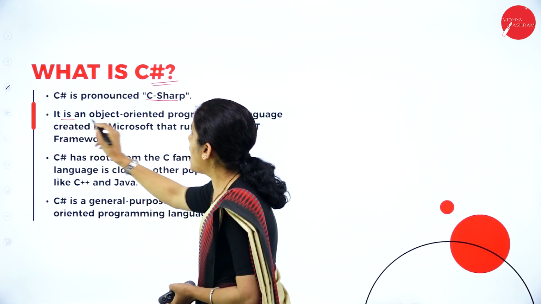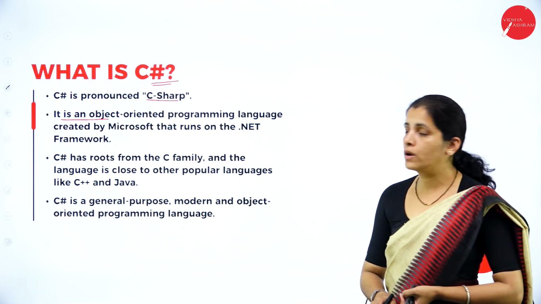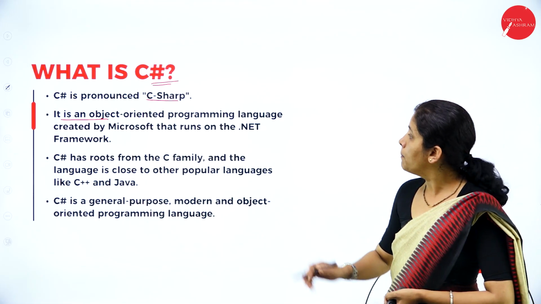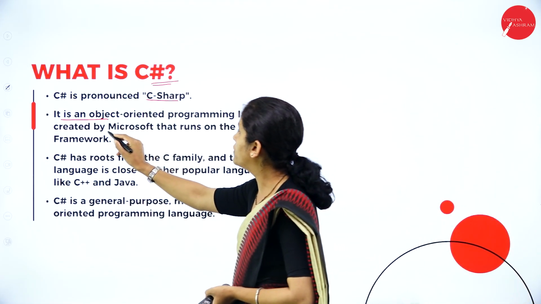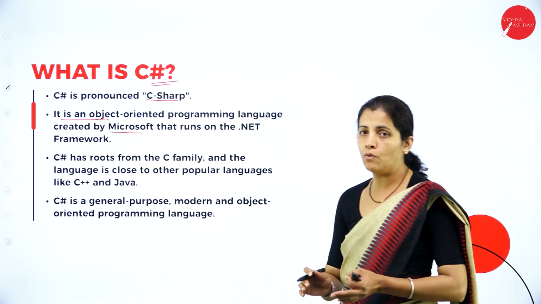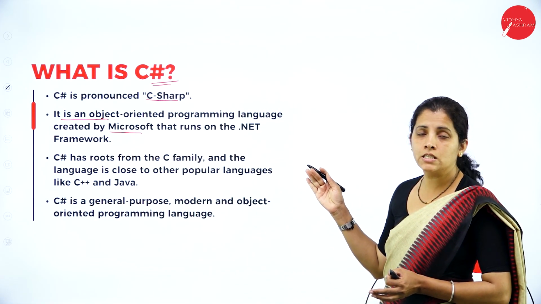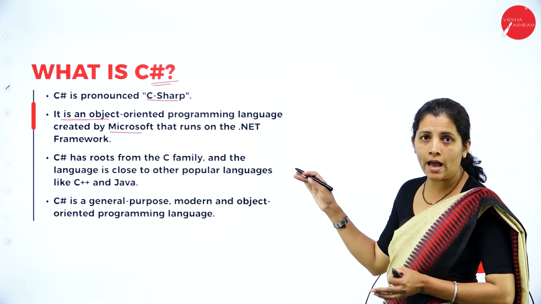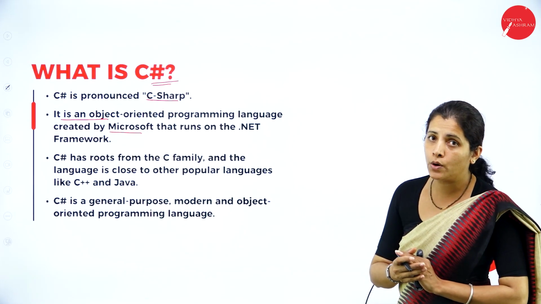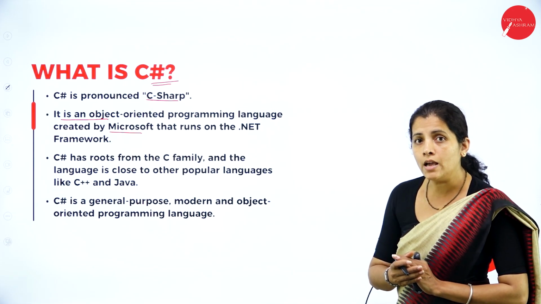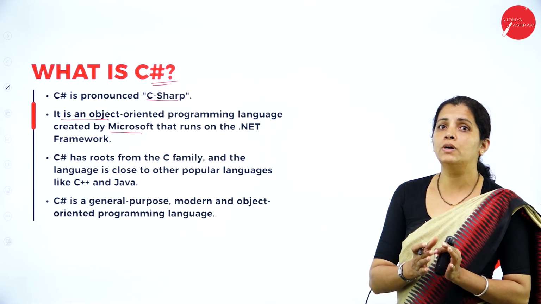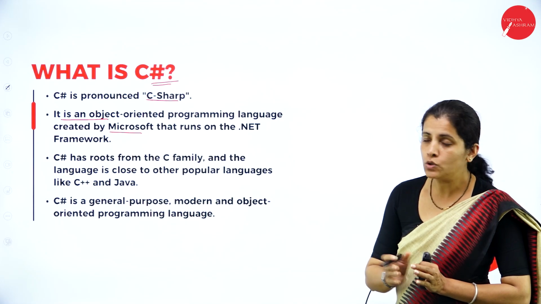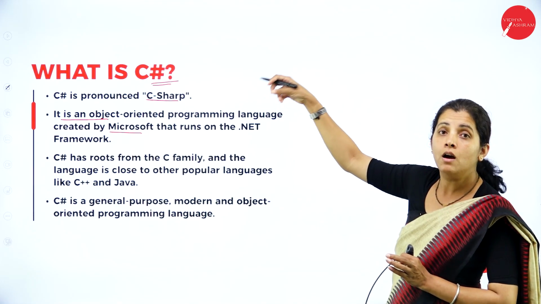So, it is an object-oriented programming language by Microsoft. Okay, now if I want to write a C# program and run it, which software do I require? That is Microsoft Visual Studio. So which is the software name here?